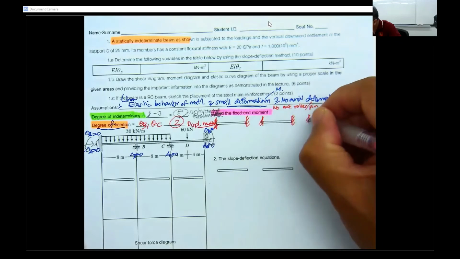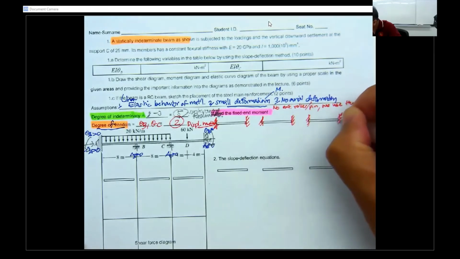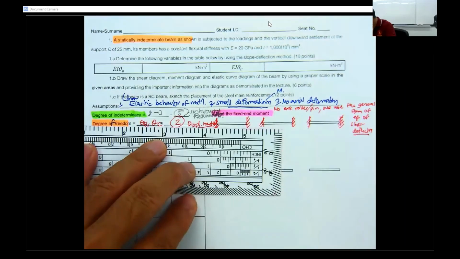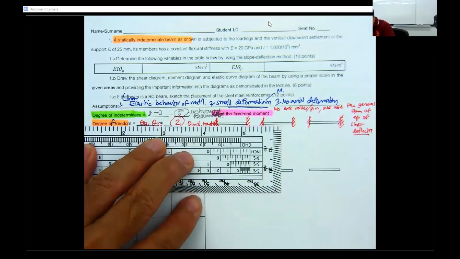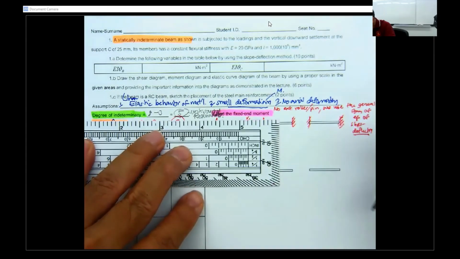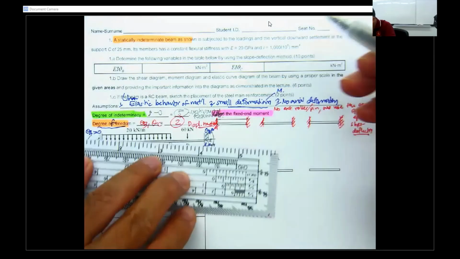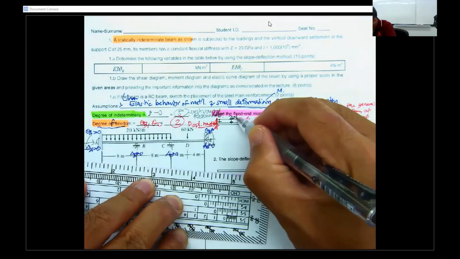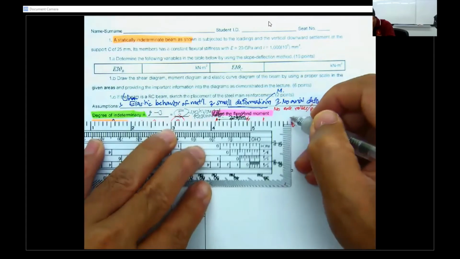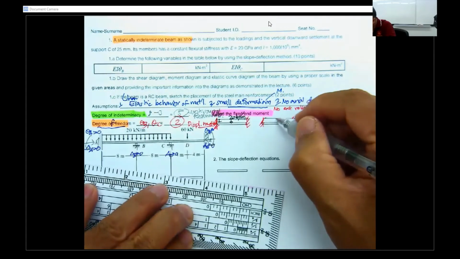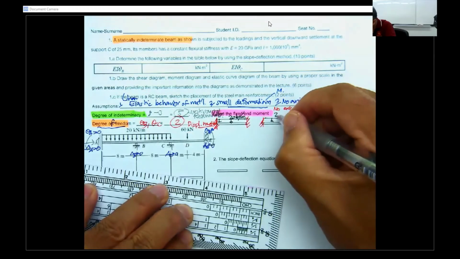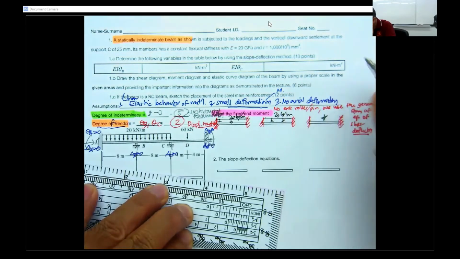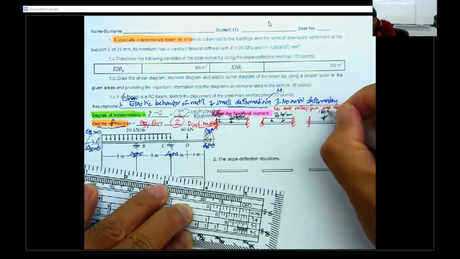Okay, and then you go to the table. If you cannot remember it, this portion of the beam is subjected to a uniformly distributed load of 20 kilonewton per meter, and this one also 20 kilonewton per meter, and this one at the middle has 60 kilonewton.